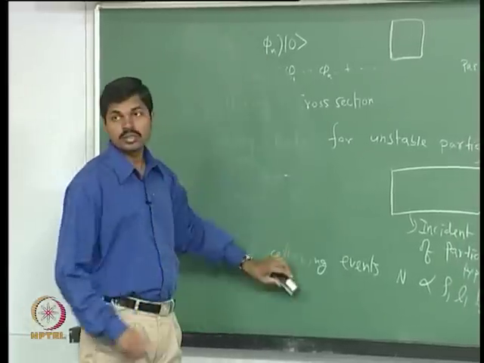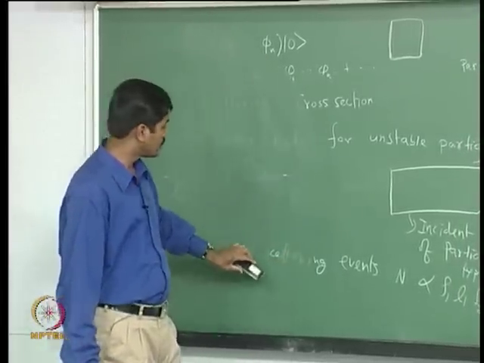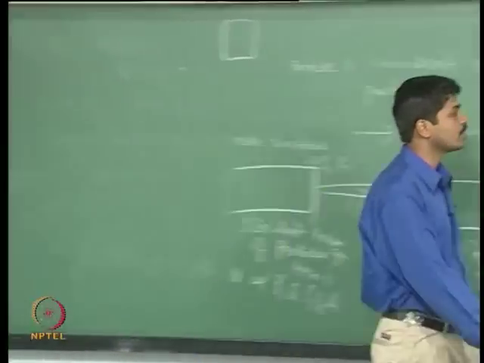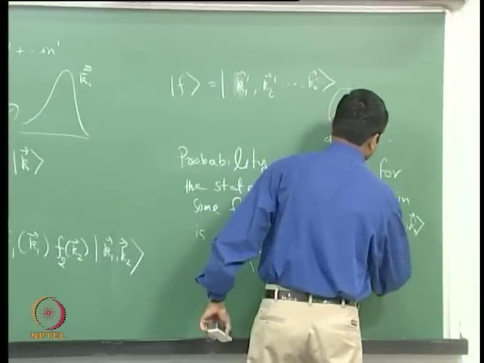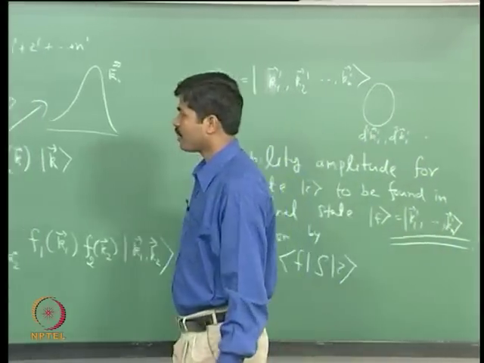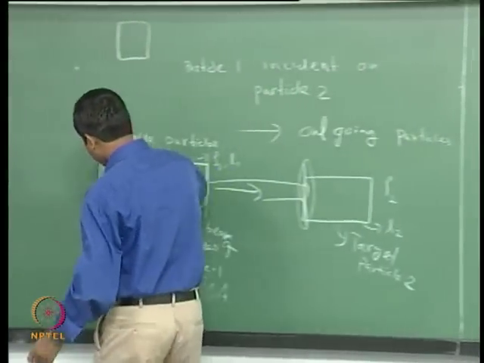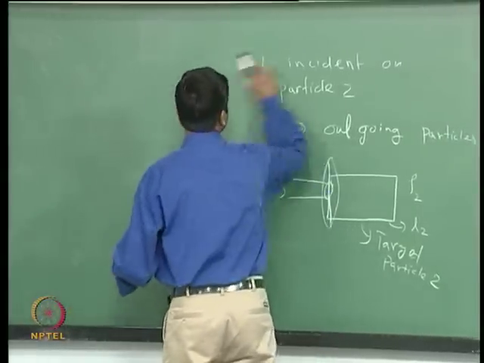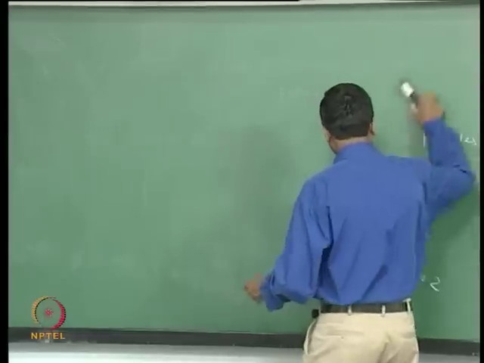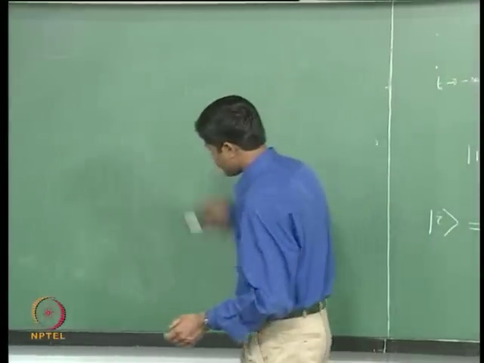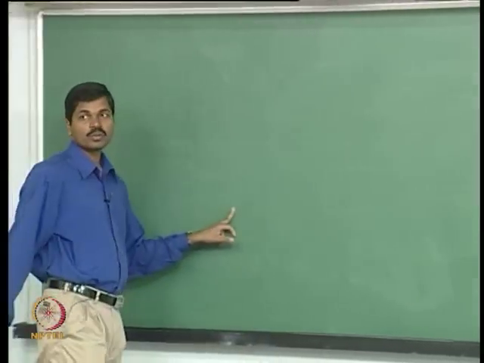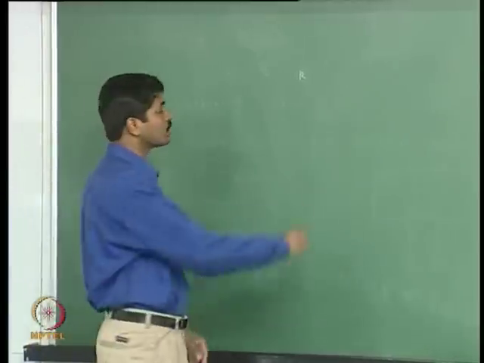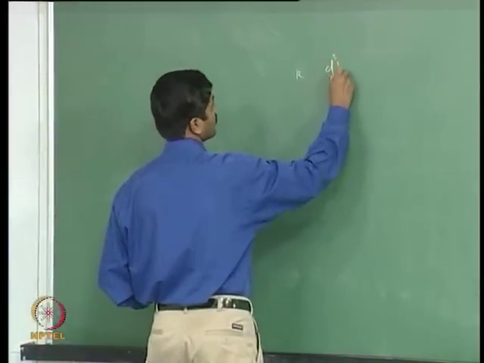Why have we assumed the final state to be a momentum eigenstate? We don't. Right now we are not assuming that. We don't need to assume the outgoing state to be a momentum eigenstate. What we will do is when we calculate the cross section, we would like to find the differential cross section where the outgoing particles will have momentum which lies in some range d^3k1 prime.